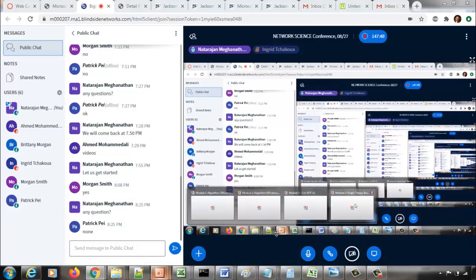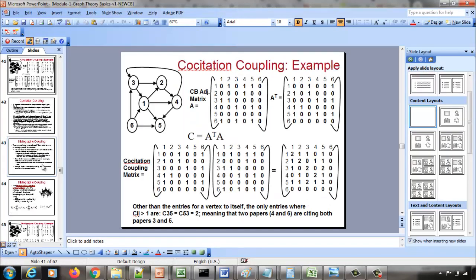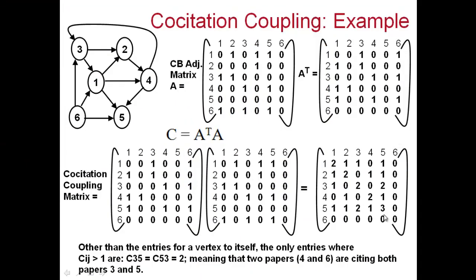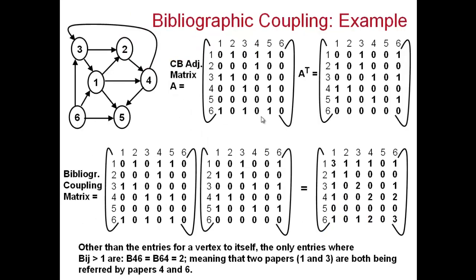As I just explained, the entry for paper 6 is 0 in the diagonal of the co-citation coupling matrix. That's because nobody is citing paper 6, right? It could be that 6 was published much earlier, but if it has not been cited since its publication time, it means it doesn't have much value for others to cite it. Whereas the diagonal entry for 6 says 3.